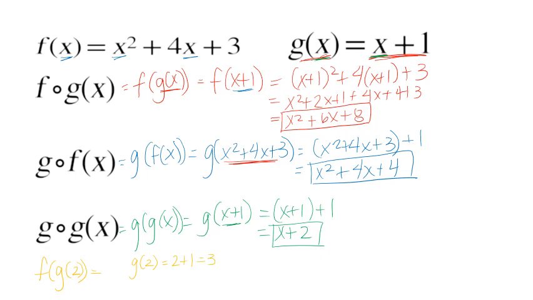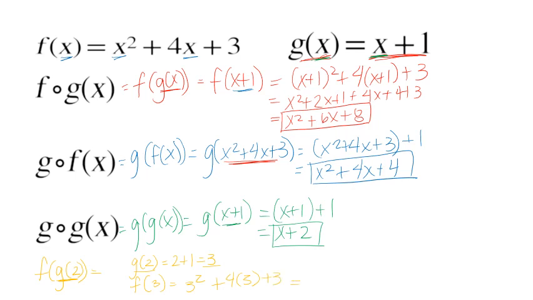Okay, so now whenever I see this g of 2, I'm going to replace it with 3. So this is really f of g of 2, which is f of 3. So now I can plug that in, and I'd have 3 squared plus 4 times 3 plus 3.